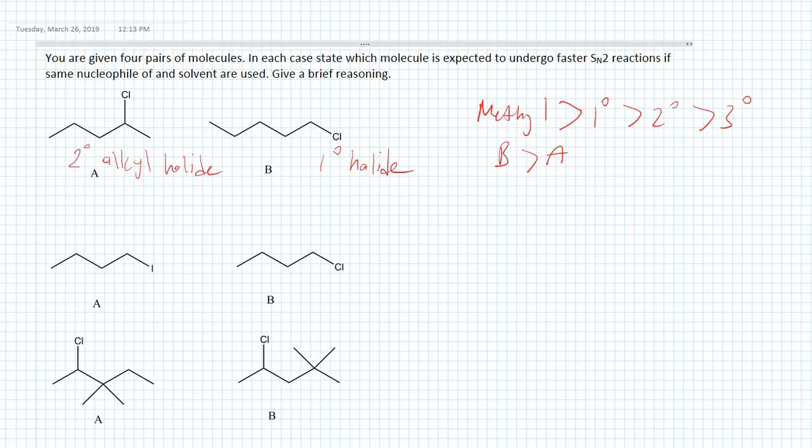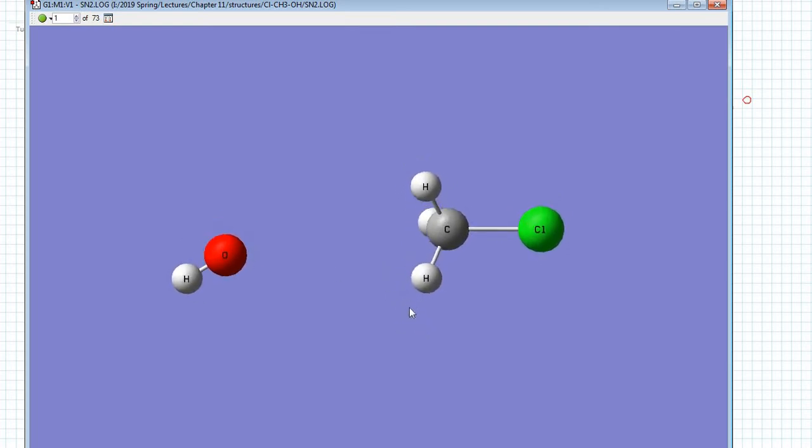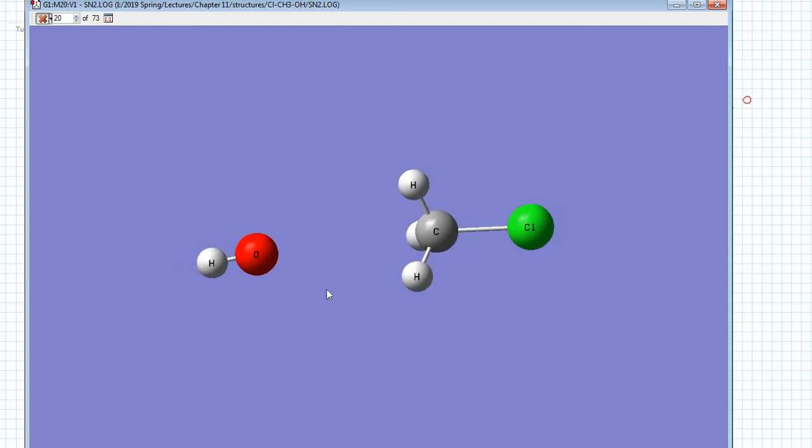Let's analyze this situation with a molecular model. In this model, you have the modeling of an SN2 reaction, and it's kind of an animation. It's going to show you how an SN2 reaction can happen. Basically we have a hydroxide nucleophile.